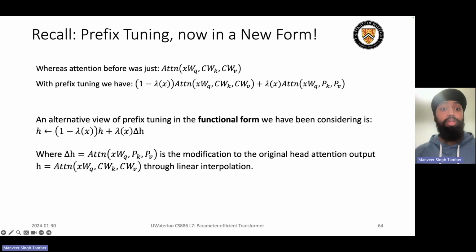With prefix tuning, we've separated it out into attention as it normally is, but also the added modification from prefix tuning. So an alternative view of prefix tuning in the functional form we've been considering is this: h takes on (1 minus lambda(x)) times h as it was before, plus lambda(x) times the modification to h, where again delta h is a modification to the original head attention output h through linear interpolation. And it's linear interpolation because of these scalars, 1 minus lambda(x) and lambda(x).